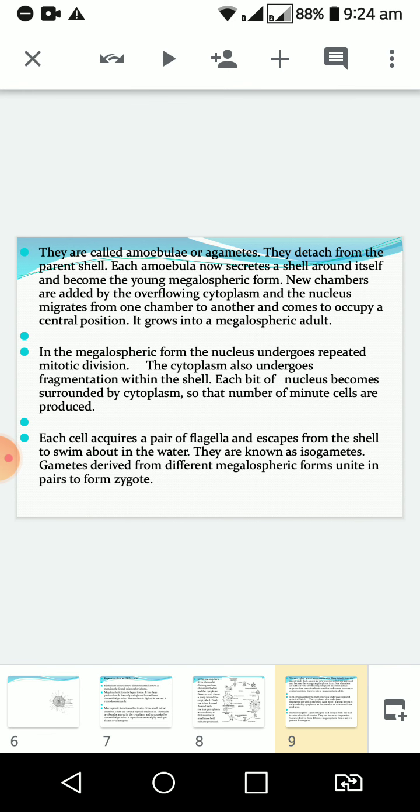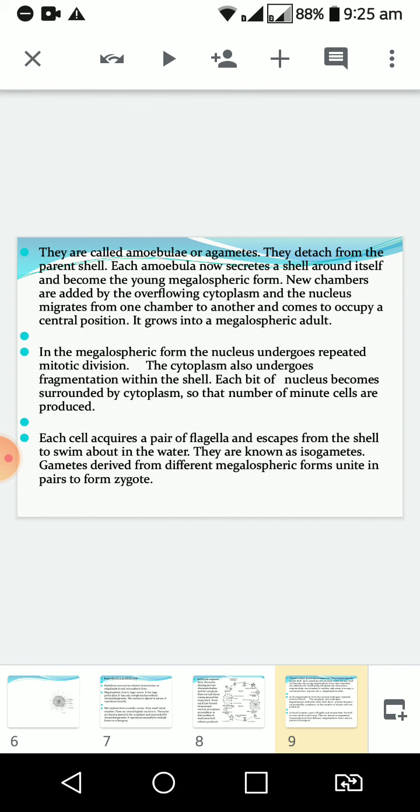So here in the megalosporic form, the nucleus undergoes repeated mitotic divisions. Now the cytoplasm also undergoes fragmentation within the shell, and each bit of nucleus becomes surrounded by cytoplasm.